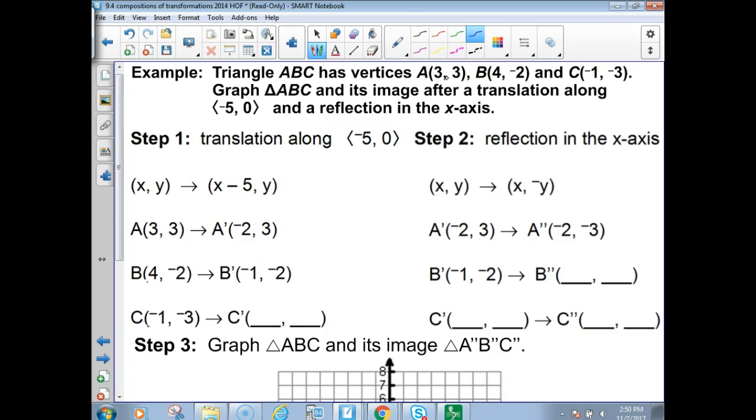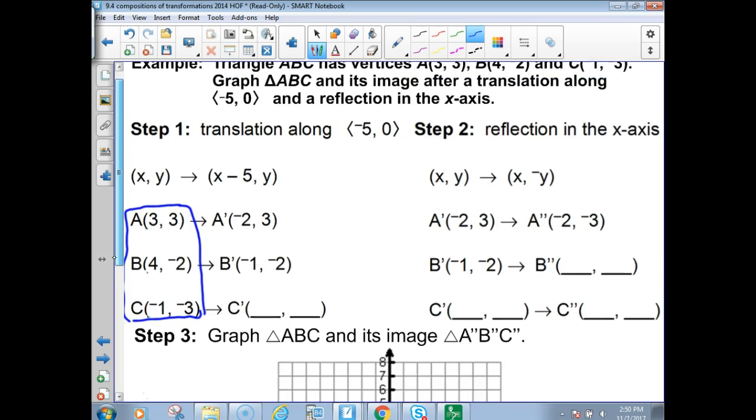So first we're going to plot the points that are the original points. They are listed right here. So I need to slide this screen down. I'm going to do those in blue. And what we're doing to it is first we're translating along the vector -5, 0.